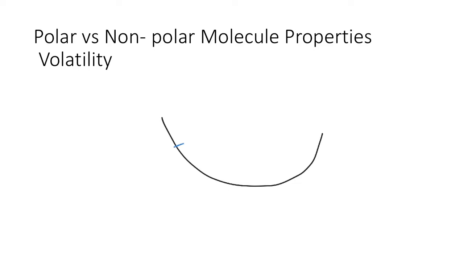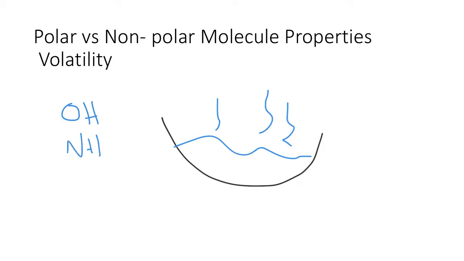Volatility is about how easily a liquid evaporates, how easily it goes from liquid into gas. This time, if we have our polar molecules, so we're looking for OH, NH in the structures, the more polar they are, the stronger the intermolecular forces, be it permanent dipole, or in the case of these ones here, hydrogen bonding between molecules, the stronger that is, the less volatile these will be.